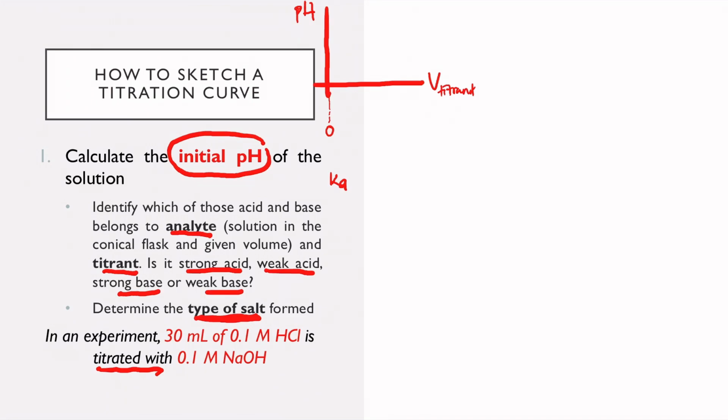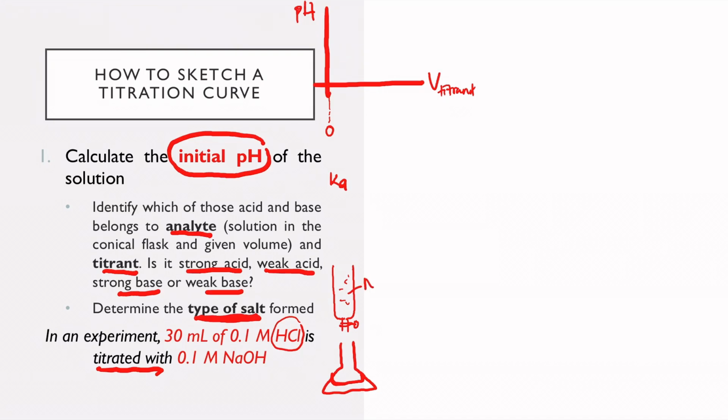Maksudnya HCl dititrate dengan NaOH. So maksudnya adakah dia titrate? Taklah kan? So maksudnya ini HCl dalam ni dititrate dengan titrant lah. Dititrate dengan titrant. Faham? So, it is titrated with NaOH.